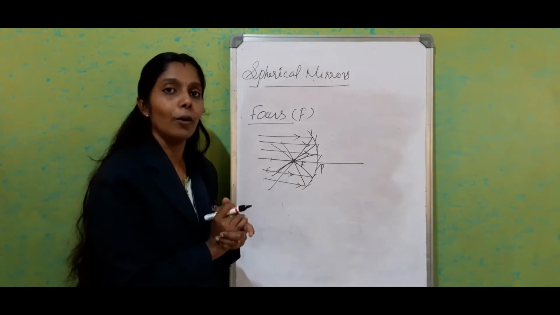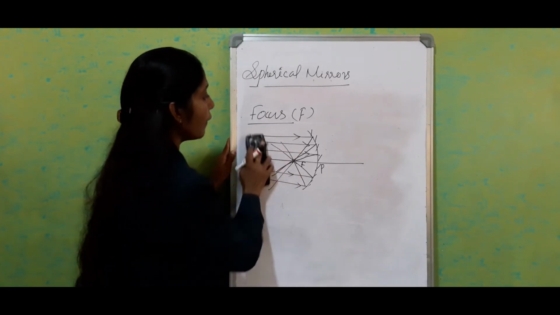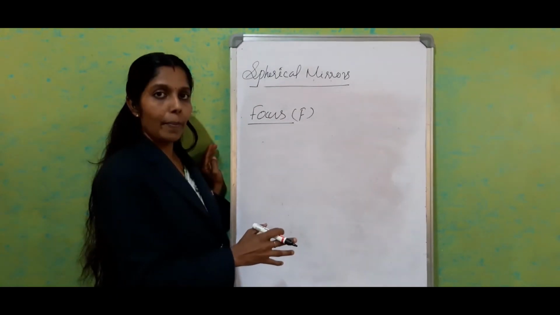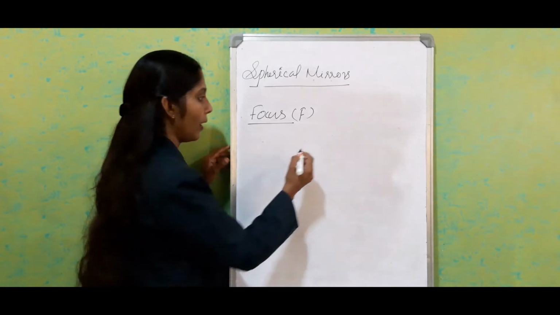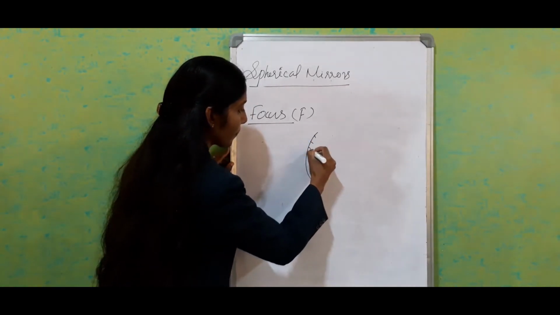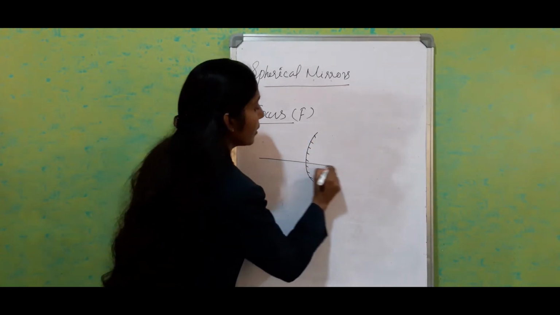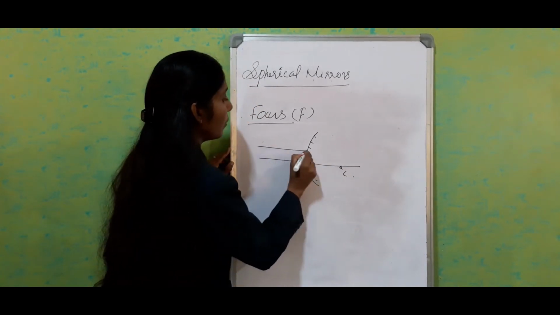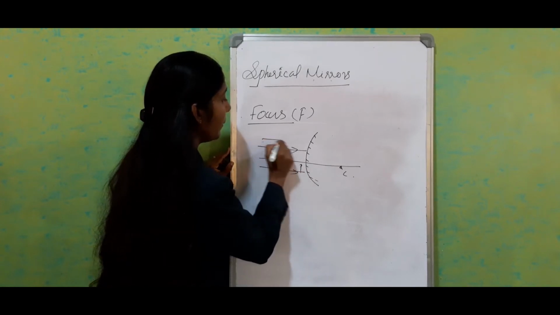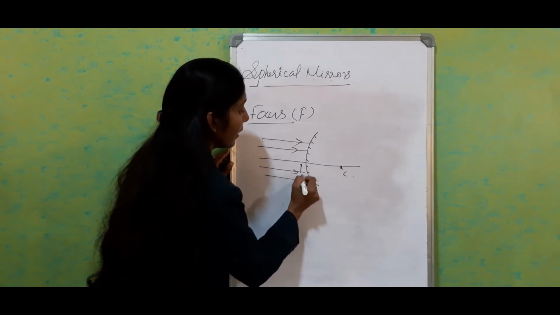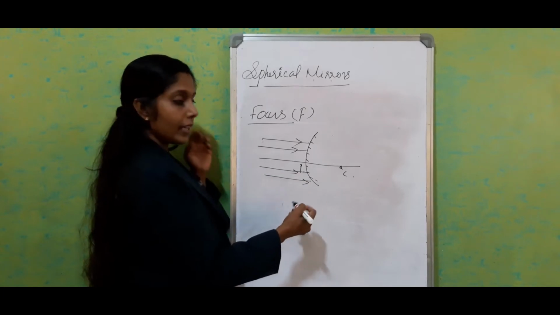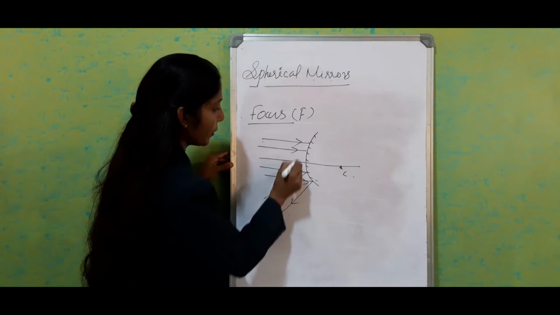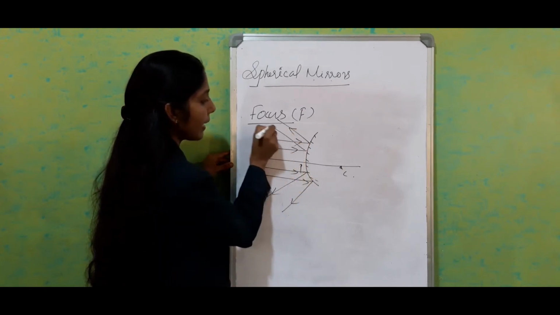If we see the case of convex mirrors, it appears to come from a point, or it appears to meet at a point. We'll see how it is. So these are the center of curvature and pole. Parallel rays are coming over here, and this is a reflecting surface. After the reflection, all these rays have to reflect back to the same medium.